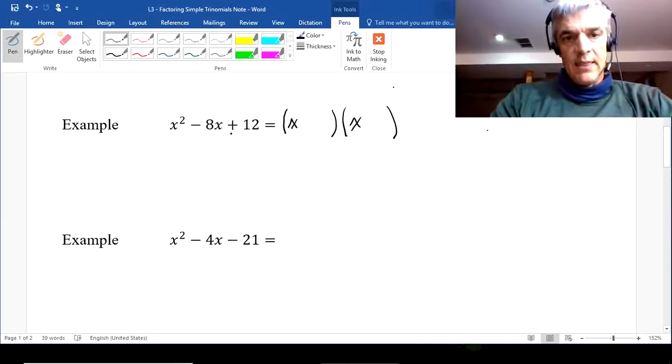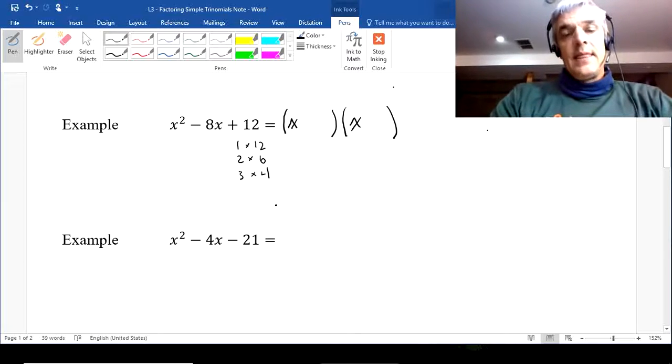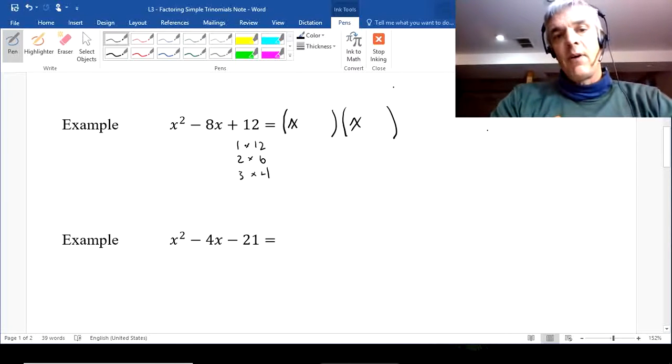Now I'm going to write the factors of 12 again. So 1 times 12, 2 times 6, and 3 times 4. This time I need to find a way such that when I add these two or collect them together, I will get minus 8. But when I multiply them, I'm going to get 12.